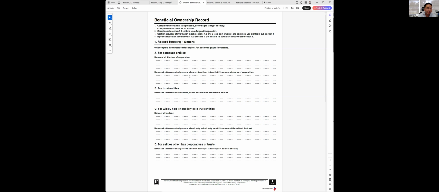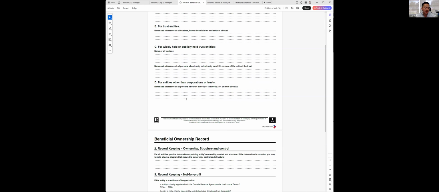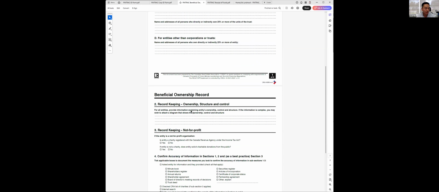You have to identify who is the director of the company, especially people who own 25% or more of the shares of the corporation. That means they have some kind of significant control over the company. There's also trusts, and then there's also other entities besides corporations and trusts, so, partnership or nonprofit.